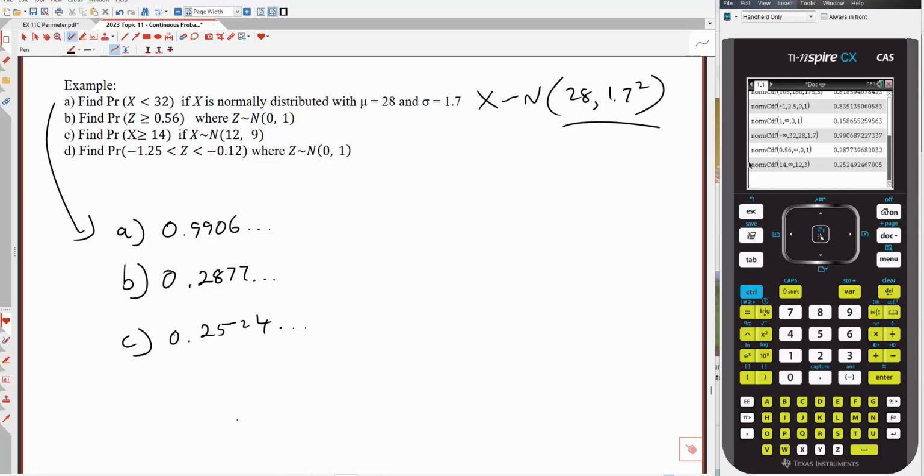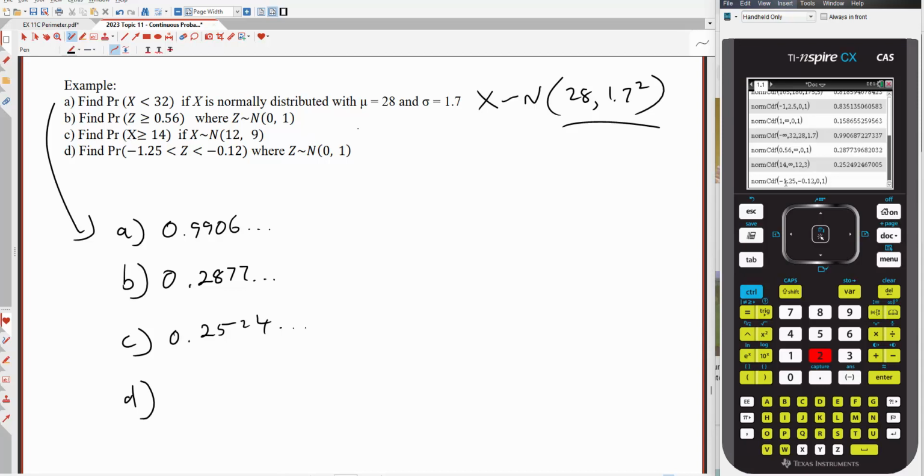I think this is the final question here. So D, we're back on the Z distribution again. We want it between a little bit less than 1 standard deviation up to there. So let's check this one out. So I'm going to go back to the calculator, grab another Z. Lower bound, negative 1.25. Upper is negative 0.12.